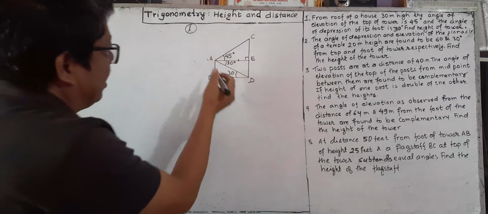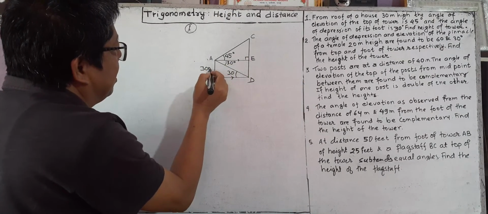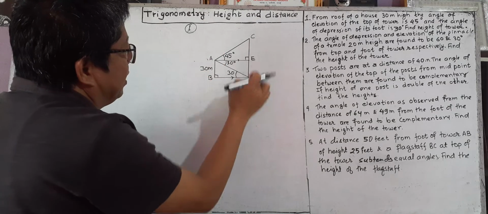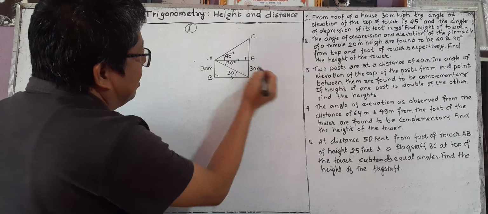So look at here now. AB is given. The height of AB is given. It is 30 meter. So AB is equal to ED, being opposite side of rectangle. So this is also 30 meter.